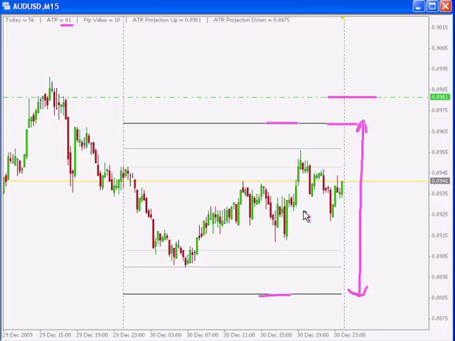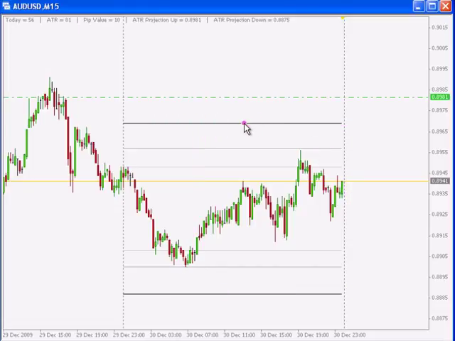And for the projections, we are adding those 81 pips to the low of the day. Since the low of the day has not broken beyond that 100% band yet, we can extend our projection to the upside beyond the 100% band.